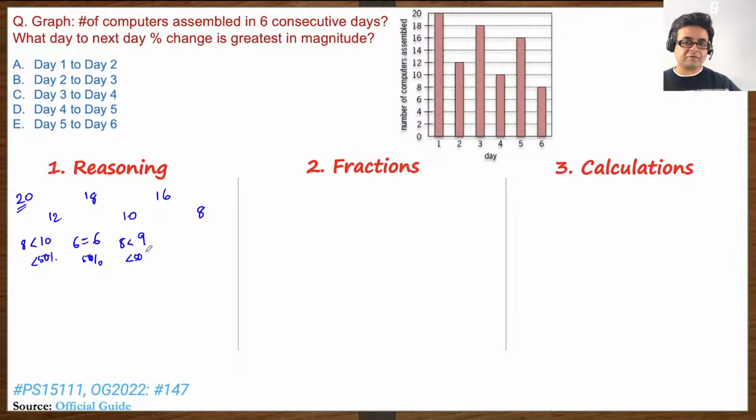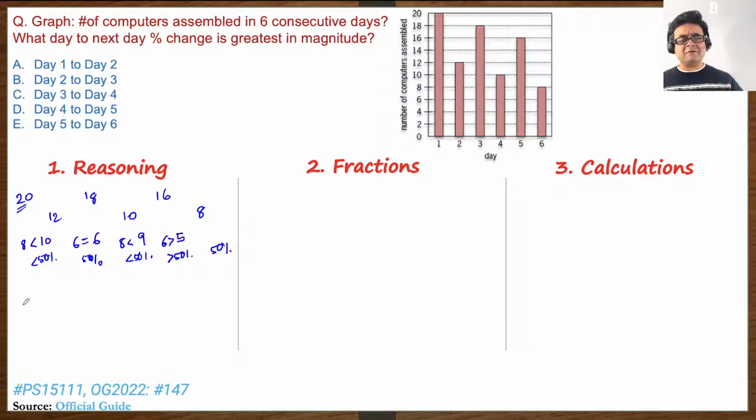So we have less than 50% here. When I go from 10 to 16, the 50% value is 5, and the change, 10 minus 16, is 6, which is greater than 5. So this is greater than 50%. And then the last one you will again find as 50%.